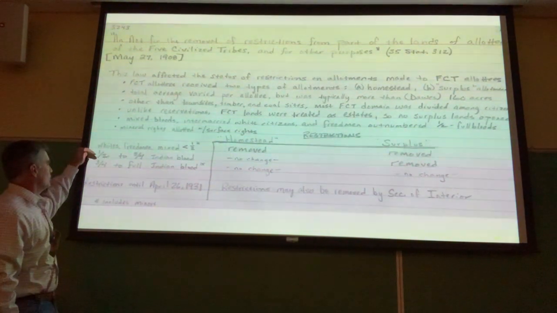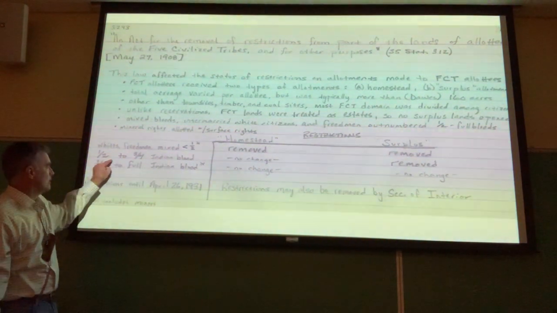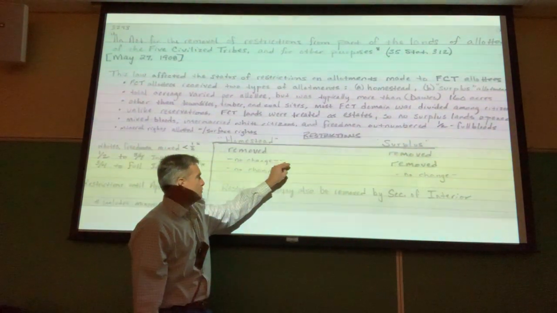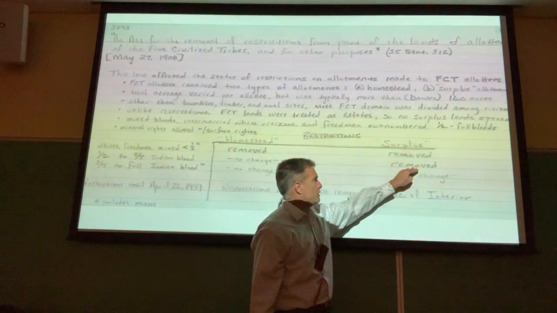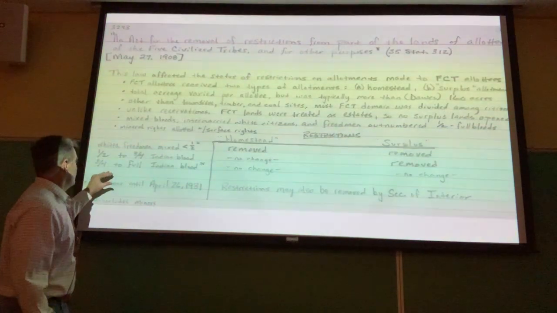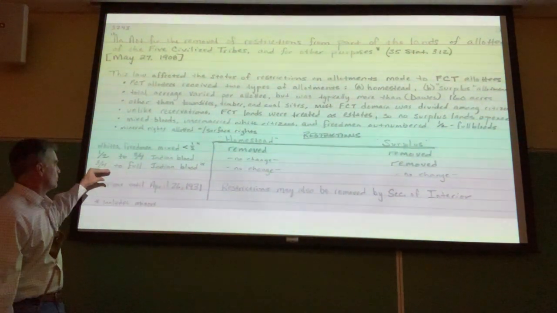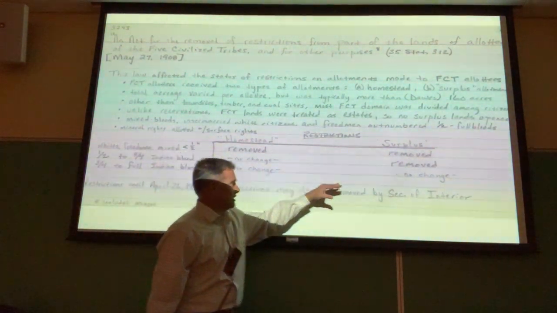So then we drop down to if you're between 1/2 to 3/4 Indian blood, your homestead remains a restriction, but you can have the restriction on your surplus allotment removed. And if you are 3/4 to full Indian blood, 3/4 to 100%, then nothing changes.